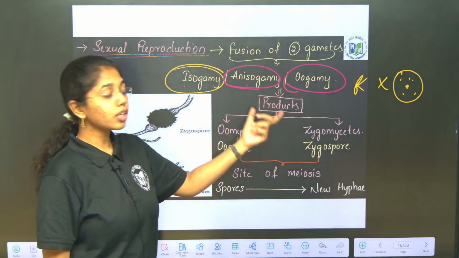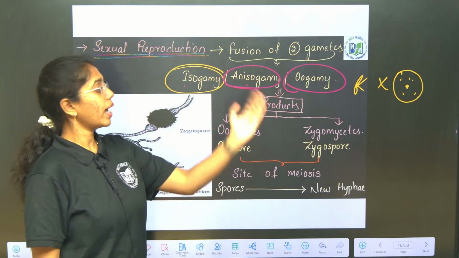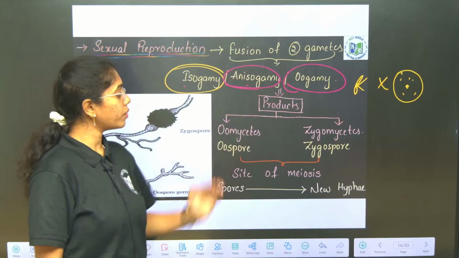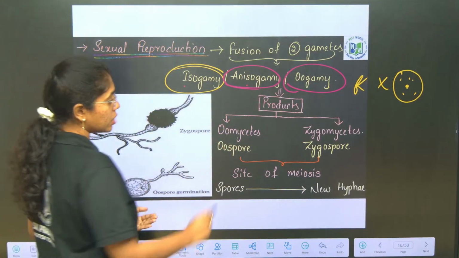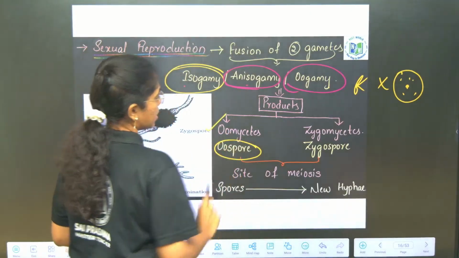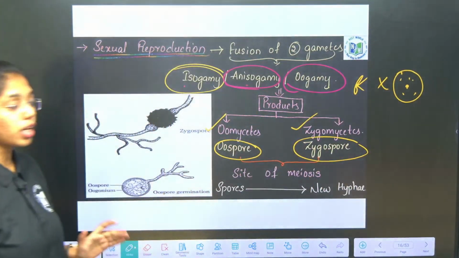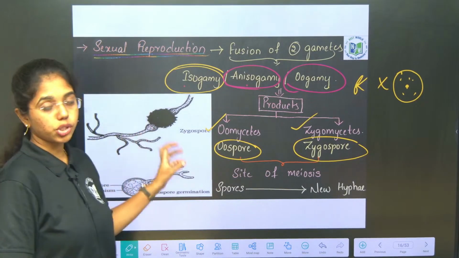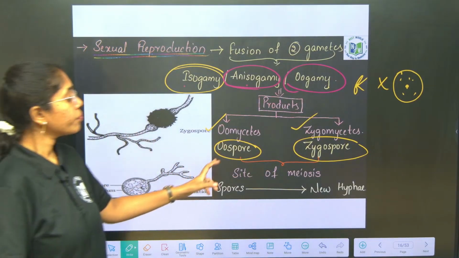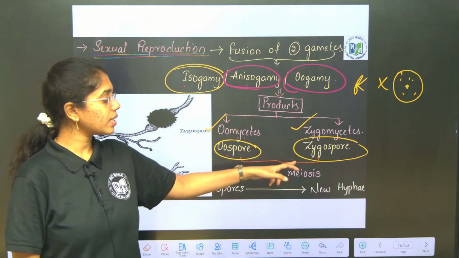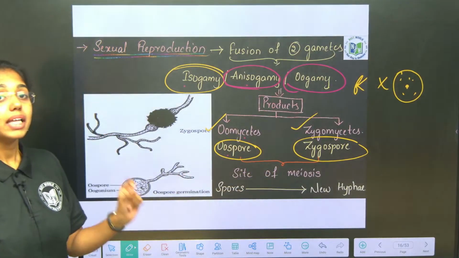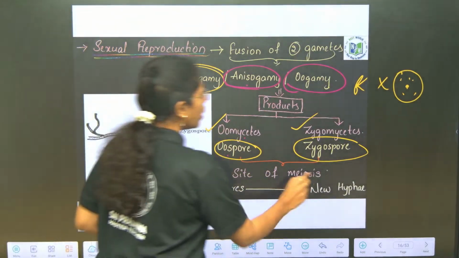Next, the products of the gametic fusion through any of these modes. The product of gametic fusion is oospore in Oomycetes and zygospore in Zygomycetes. These are the products of sexual reproduction. These are again the sites of meiosis.